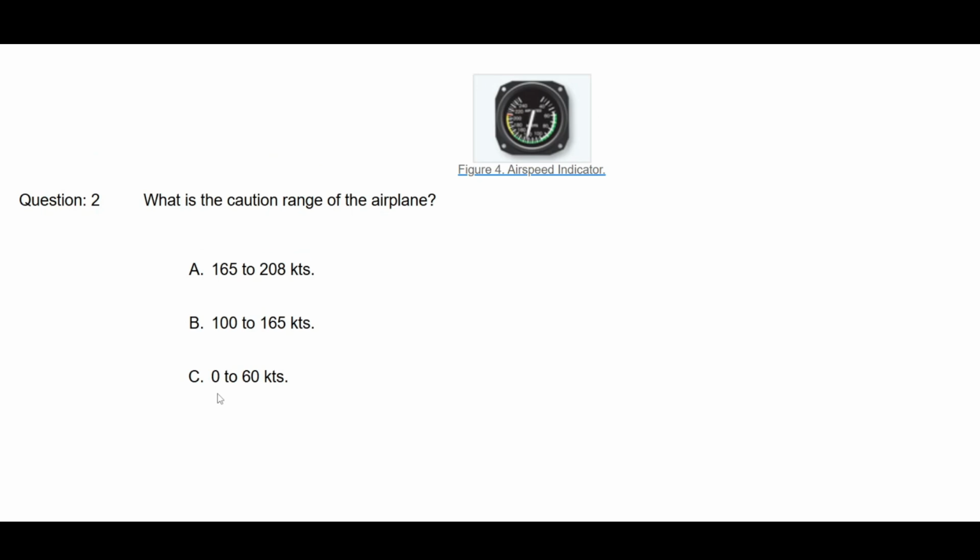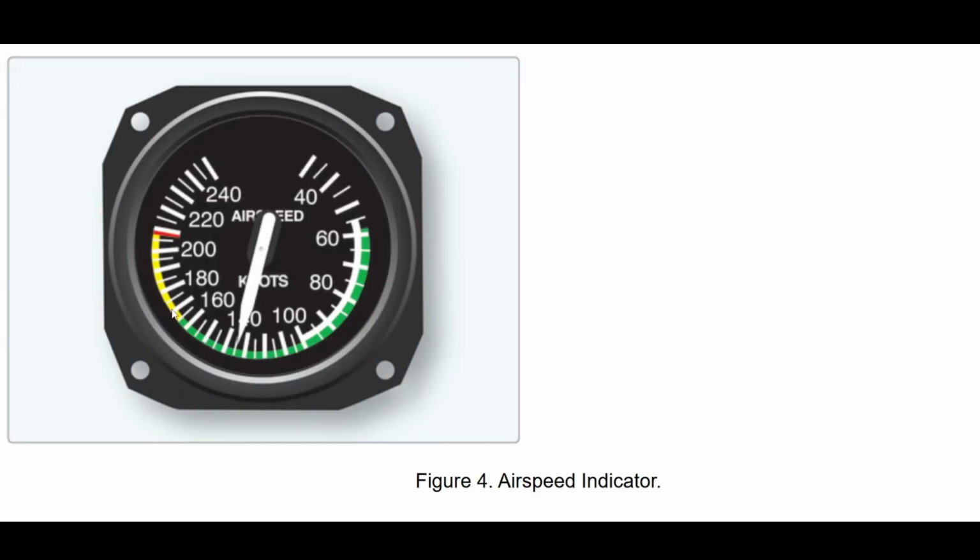Question 2. What is the caution range of this plane? So the caution range is your yellow mark. You're not recommended to fly here, and you should only fly here in an emergency, and it must be in calm VFR weather, where the winds are calm.